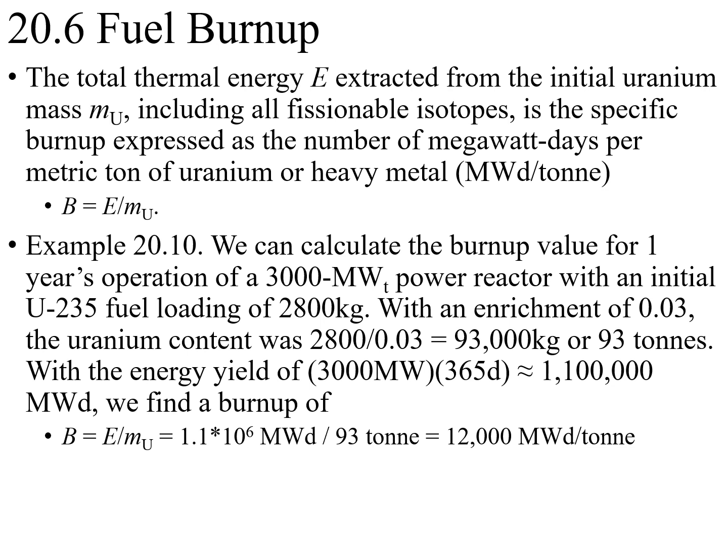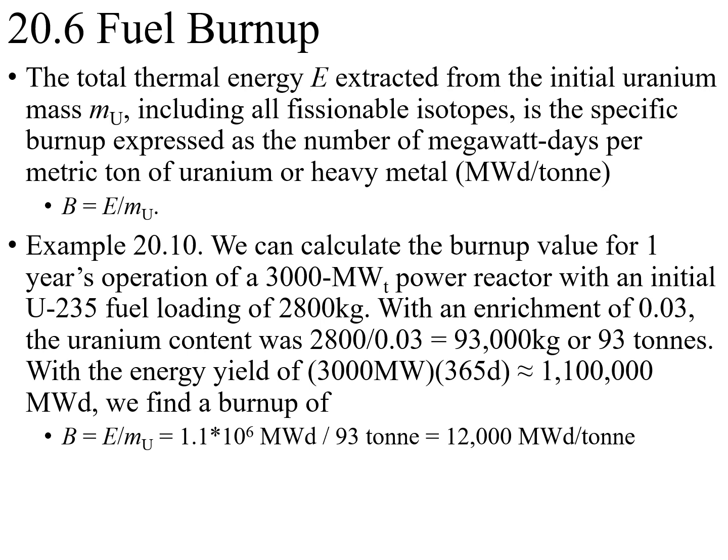The last knowledge of this chapter will define the specific burn-up. The total thermal energy E extracted from the initial uranium mass, Mu, including all the fissionable isotopes, is the specific burn-up, expressed as the number of megawatt days per metric ton of uranium or heavy metals.